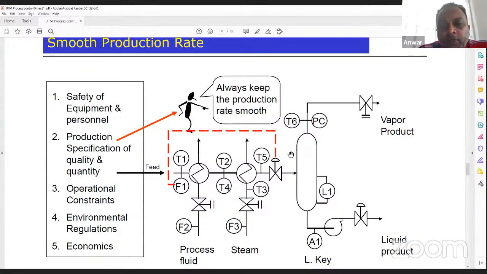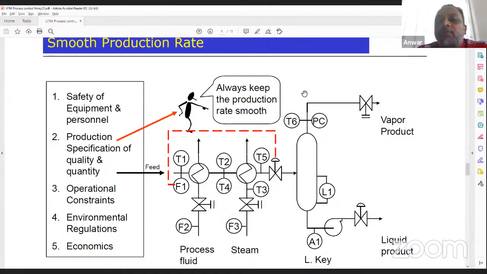Therefore, a proper process loop could be designed here to achieve the quality and also the right amount or the quantity to be controlled. So this will always keep the production rate smooth.